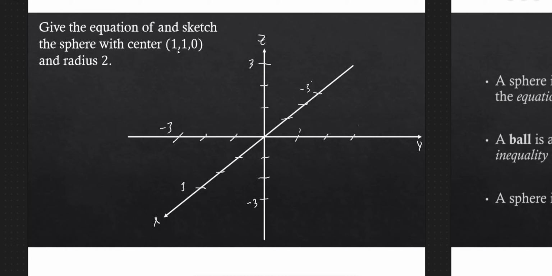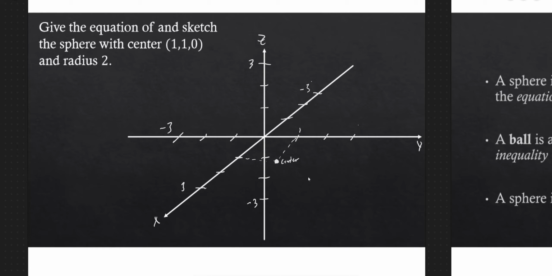So first I'm going to start by sketching 1, 1, 0. That's 1 in the x direction, 1 in the y direction, and a z value of 0. So here's 1, 1, 0. Here's our center. And now I want the collection of all points in space that are distance 2 from this point.